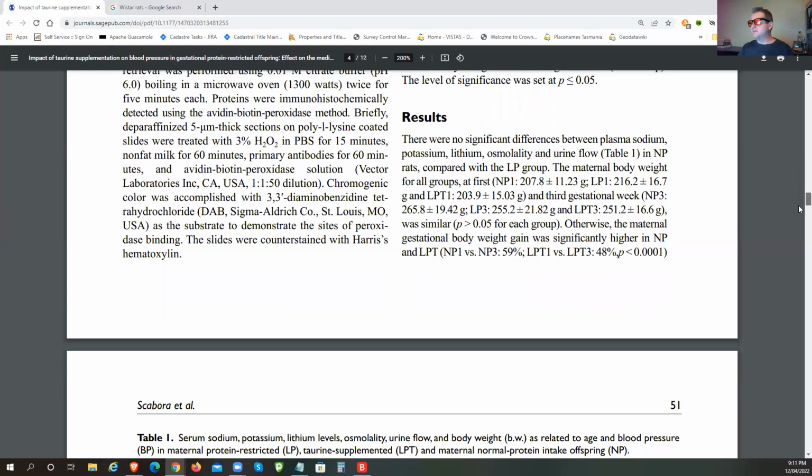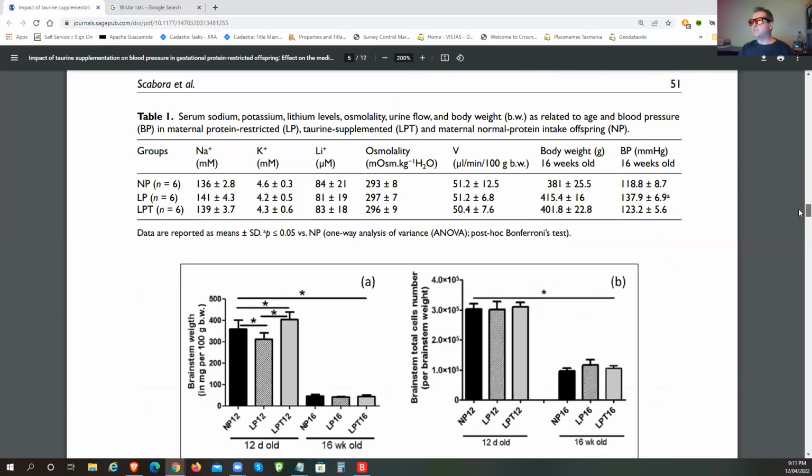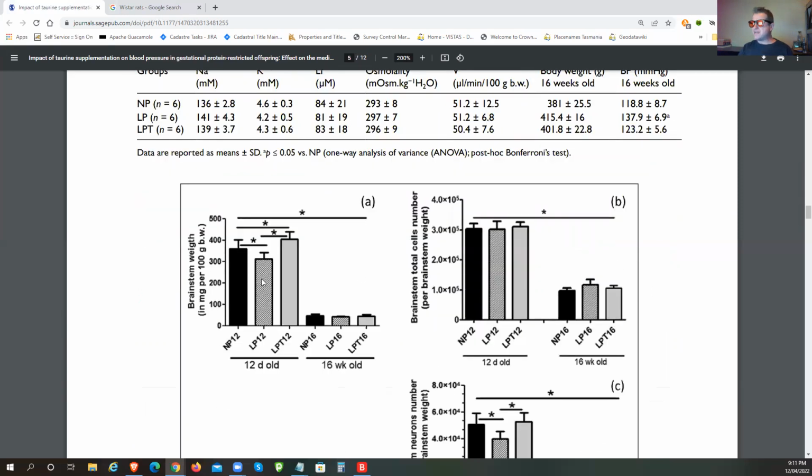So now we're going to look at the brainstem weight. As you can see, there's your control, 12-day-old. There's basically the atrophy. Look at the difference. Look at the difference that taurine makes. It's even above the control. That means the brainstem weight is actually better than the control.